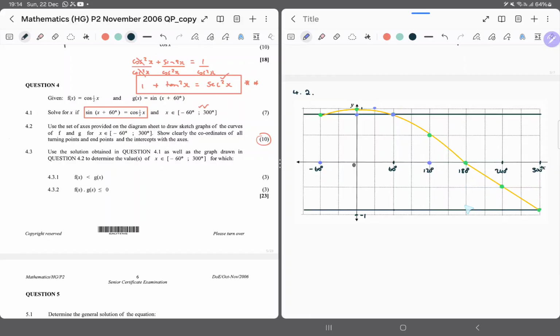So essentially it should be sitting there, right? Because sine of 240 is this one. And then again 240 plus 60, that is 300. So sine of 300 is the same as the sine of 60 in the fourth quadrant.